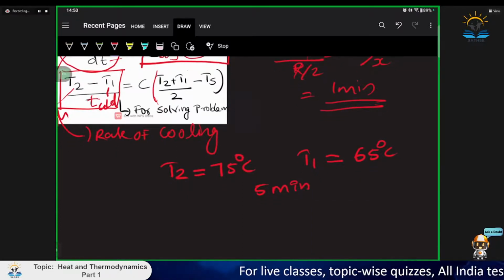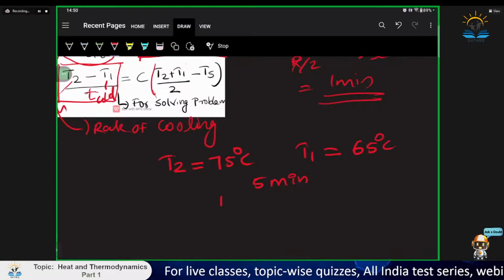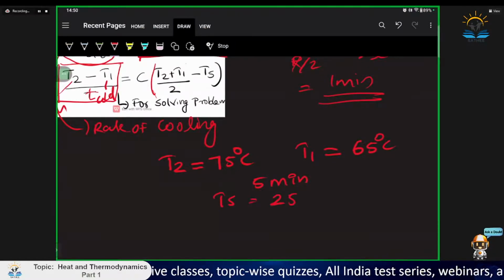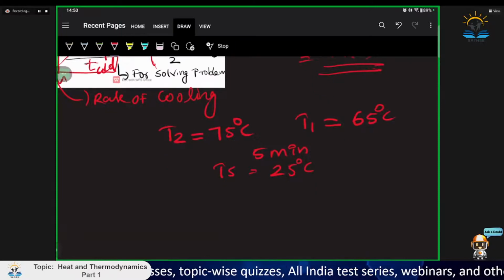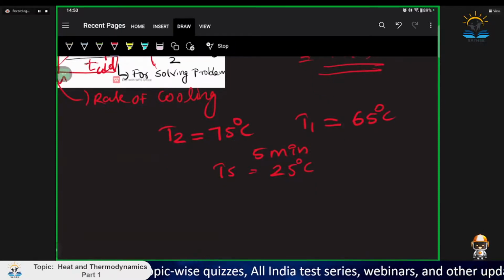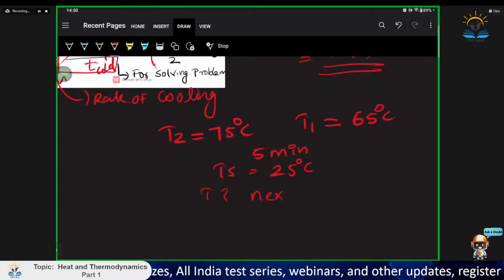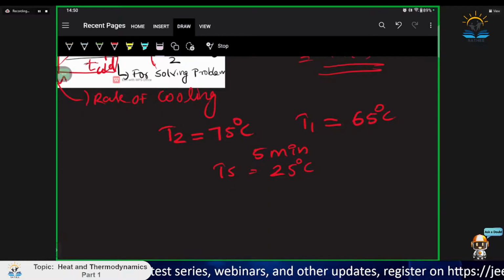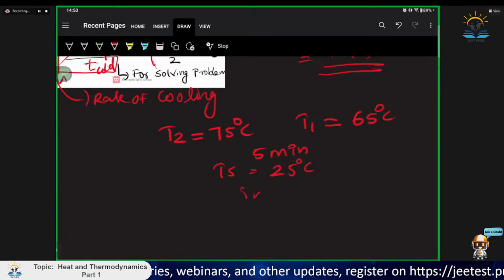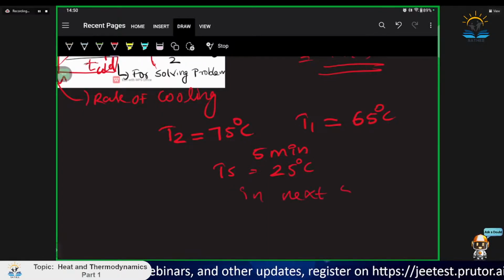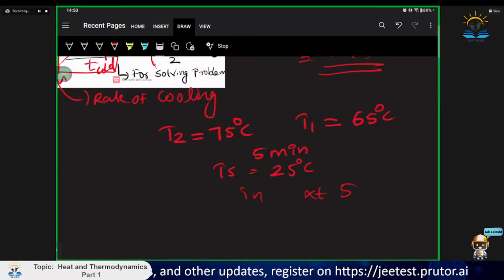Okay. So with the surrounding temperature of 25 degrees Celsius, what will be the temperature of the body in the next 5 minutes, or after 5 minutes?